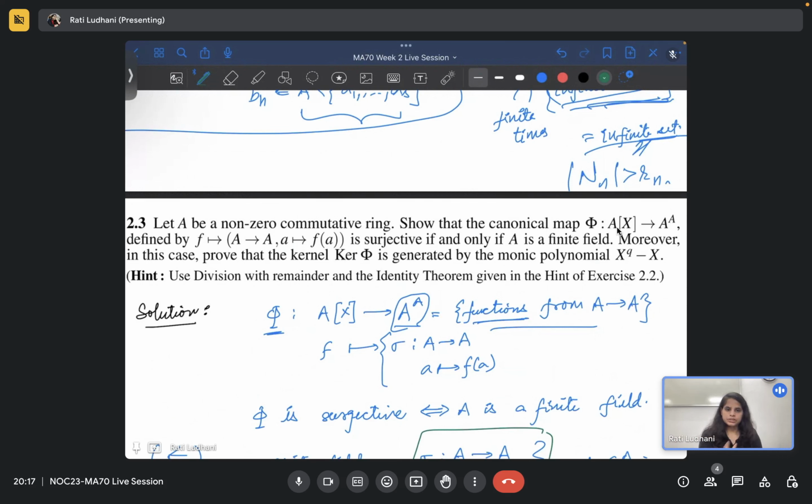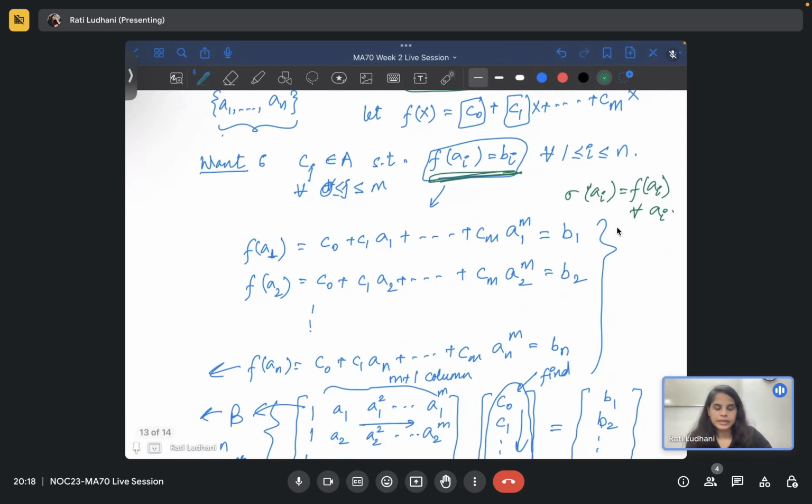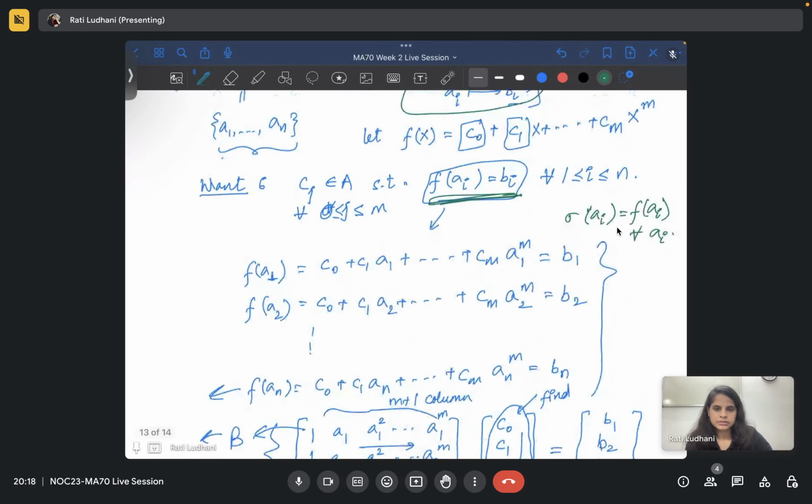Yeah, but the statement says if it is surjective, then if and only if A is a finite field. And the Bi's we are considering in the system of equations, they are all distinct. The Ai's are distinct, right?